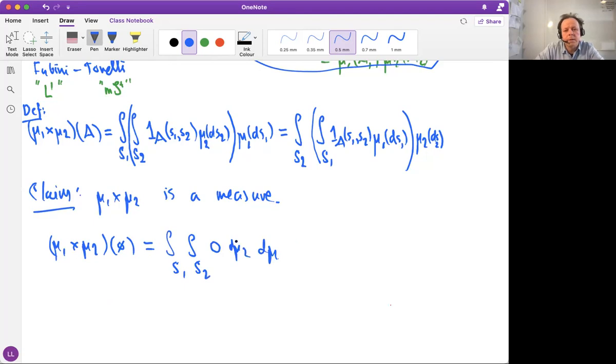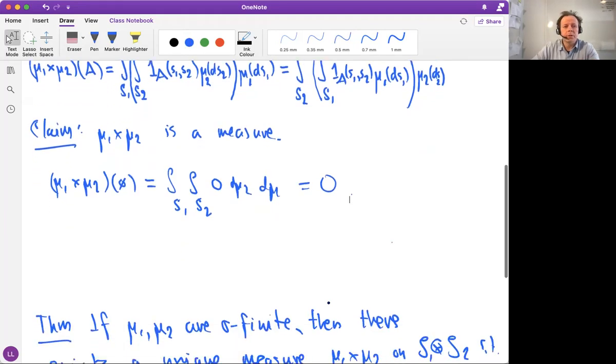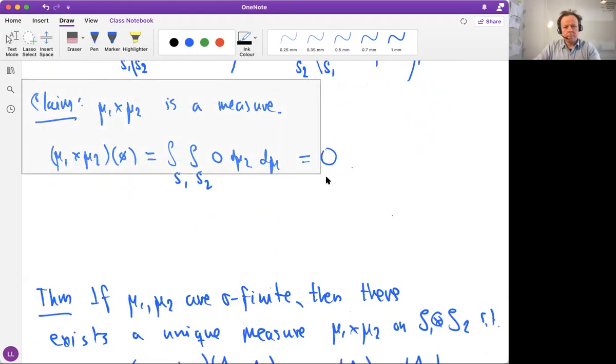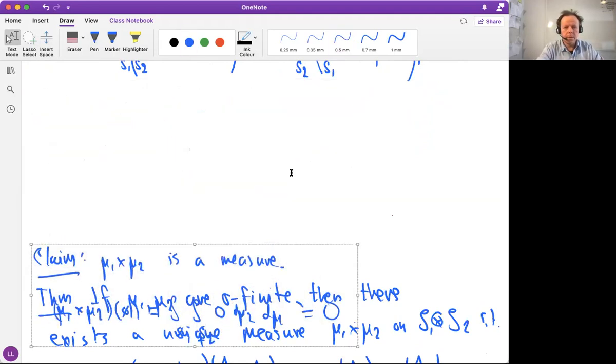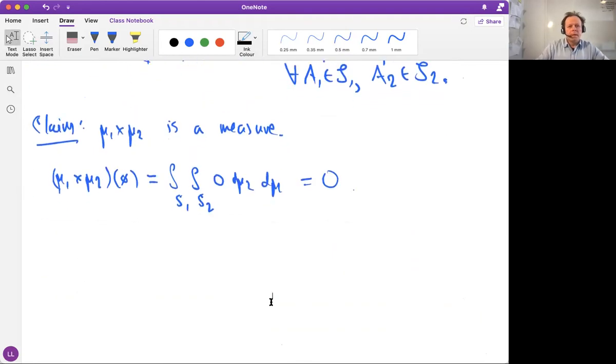Well, integral of 0 is 0 inside and then on the outside as well. So empty set has a measure 0 as it should have. What else? So let's put it down there. That was the trivial part of the proof.